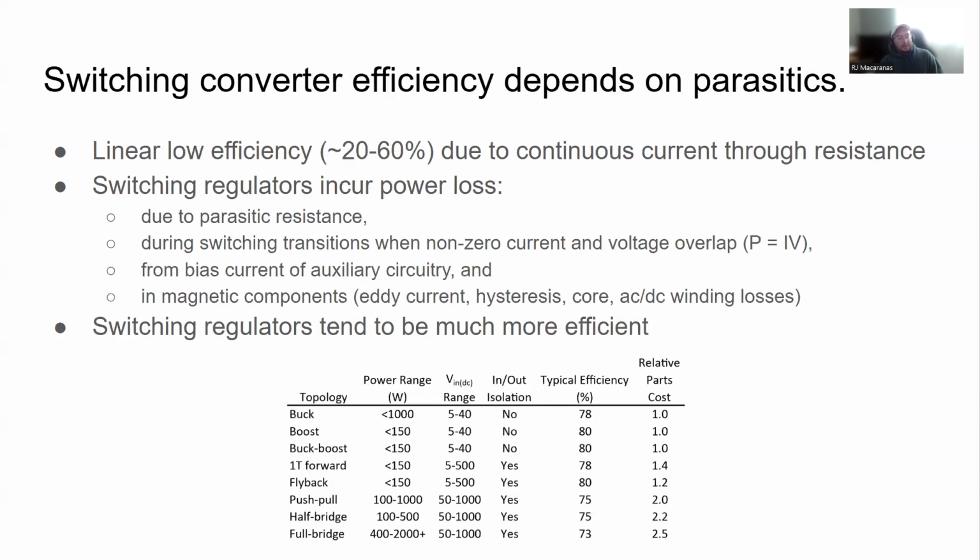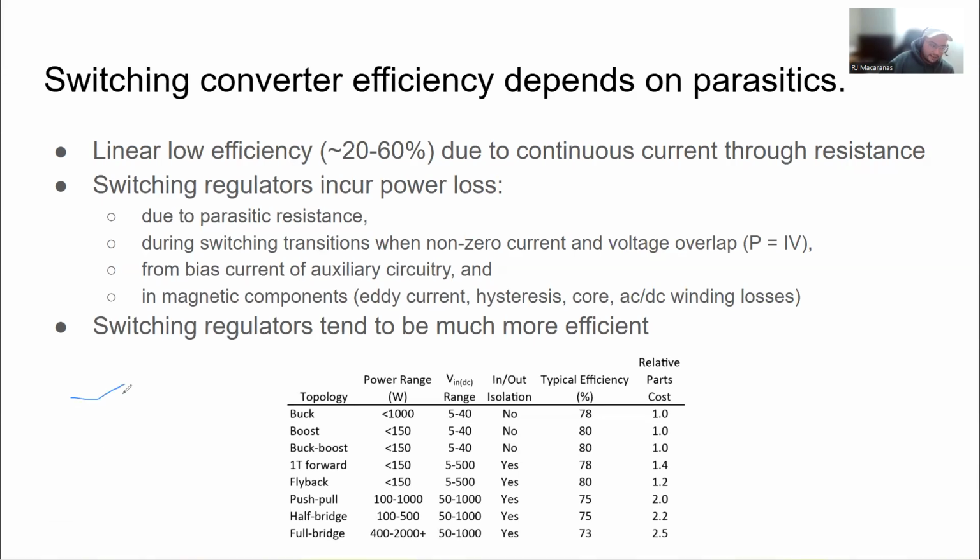There's something to note: switching converter efficiency mostly depends on these parasitic values. When we were looking at the linear regulator, all of the current, just to draw it again, we had our linear regulator, and it has some kind of pass transistor, and it's got some kind of voltage divider network going into an op amp with a reference.